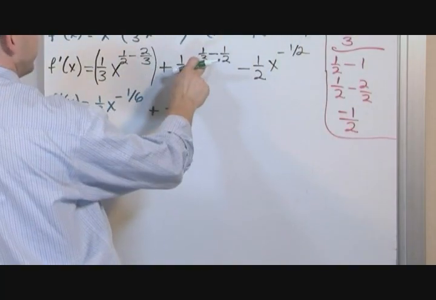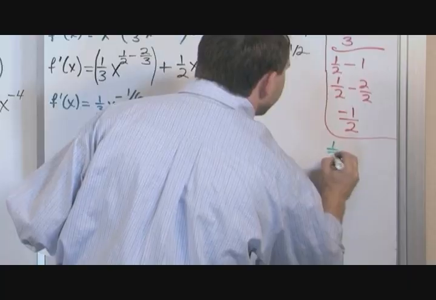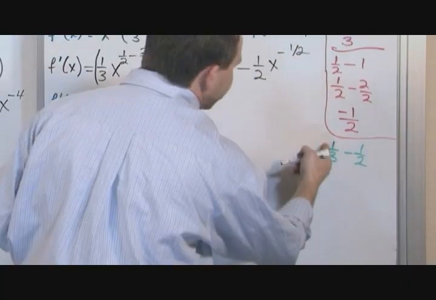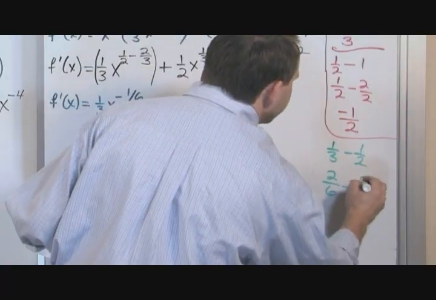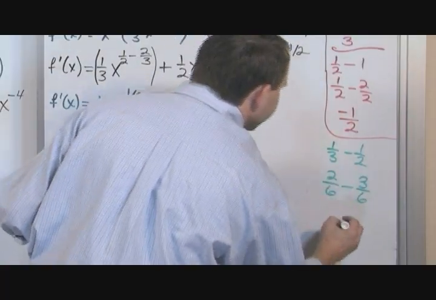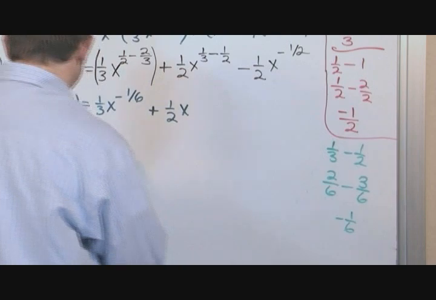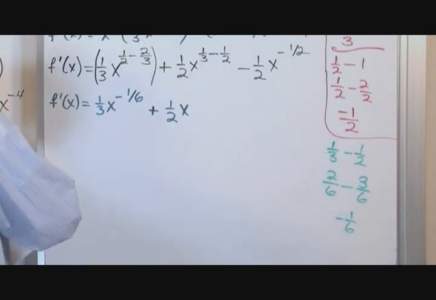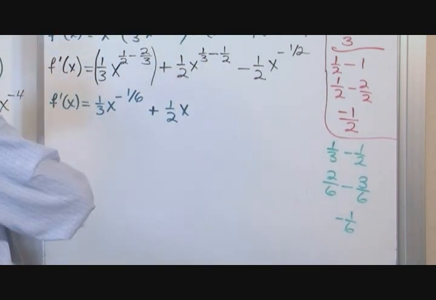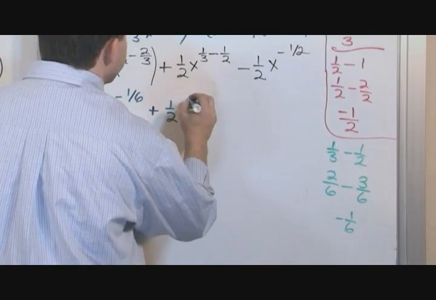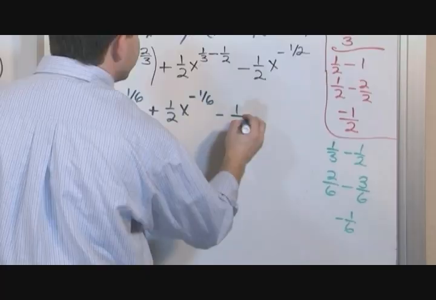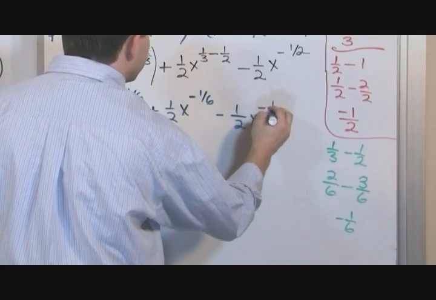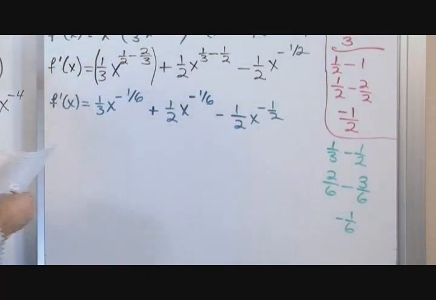So what I need to do is 1/3 minus 1/2. Do the same thing. Multiply by 2 gives me 2/6 minus multiply by 3 gives me 3/6. 2 minus 3 is negative 1/6. So I'm going to have negative 1/6 there also. And then finally this term is just going to sit out here, 1/2 x to the negative 1/2.